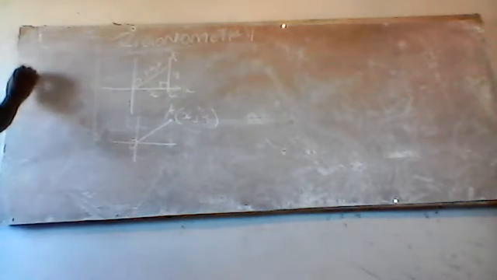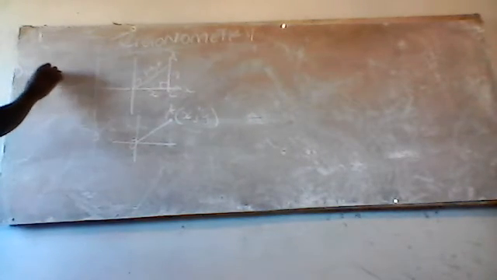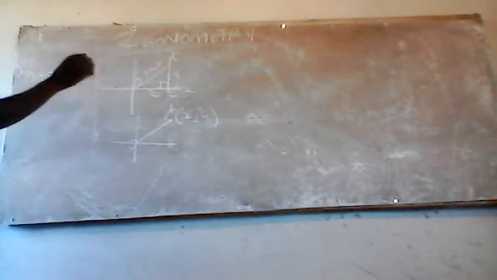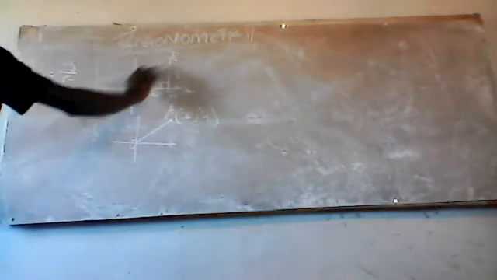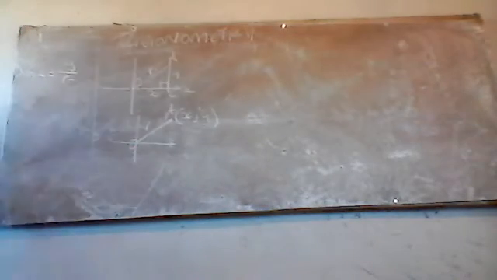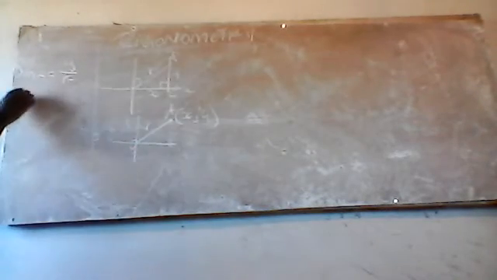Let's see how these definitions change. As I have said, when we come to the Cartesian plane, guys, our sine of an angle, whatever angle, will be given as y over r, r being my hypotenuse side. So I'm just going to erase that hypotenuse and label it with r. So my r is my hypotenuse side. Coming to the definition of cos of an angle, it will be equal to my x over r.